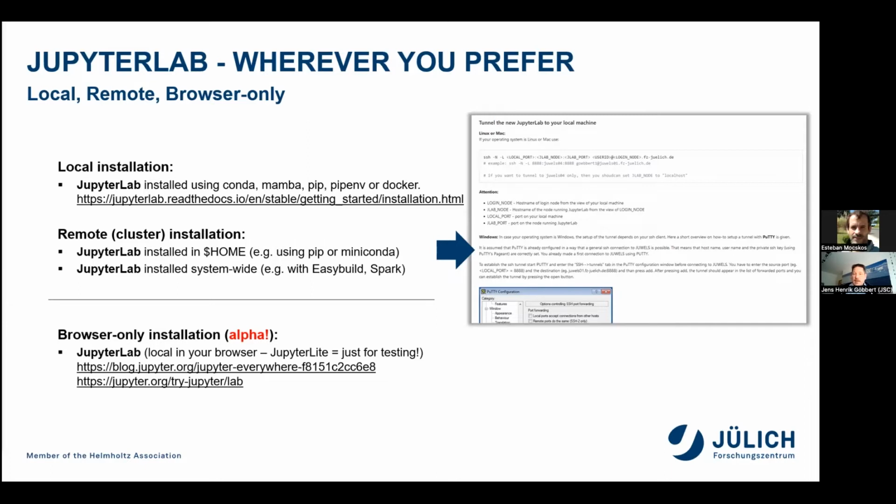And this can again be done, even if you just have user privileges, with pip or miniconda in your home directory, or it's installed system-wide. And that's where I spend a lot of time getting this nice and easy to start up with the special setup, which already is customized to the HPC systems on our side.